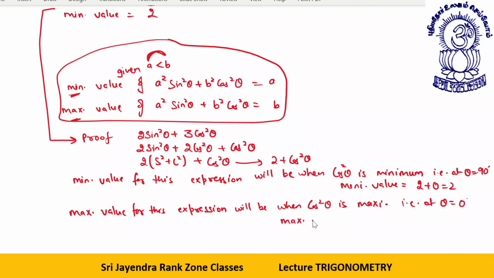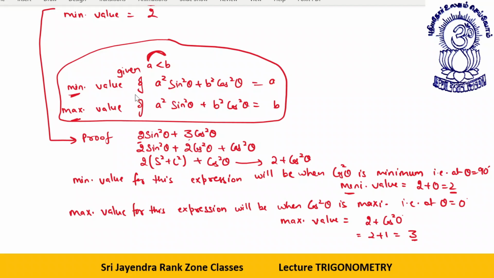The maximum value will be 2 plus cos square 0 degrees, that is 2 plus 1 is equal to 3. So what do you see? Minimum value is 2, the smaller of the two numbers. Maximum value is 3, the greater of the two numbers.